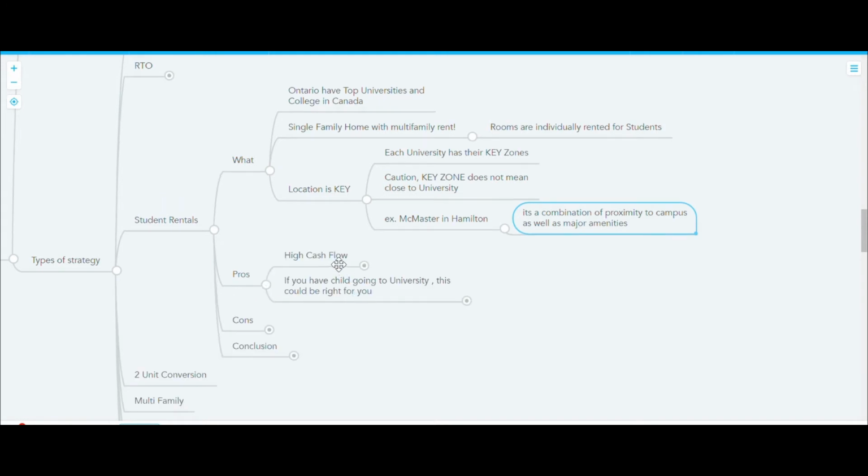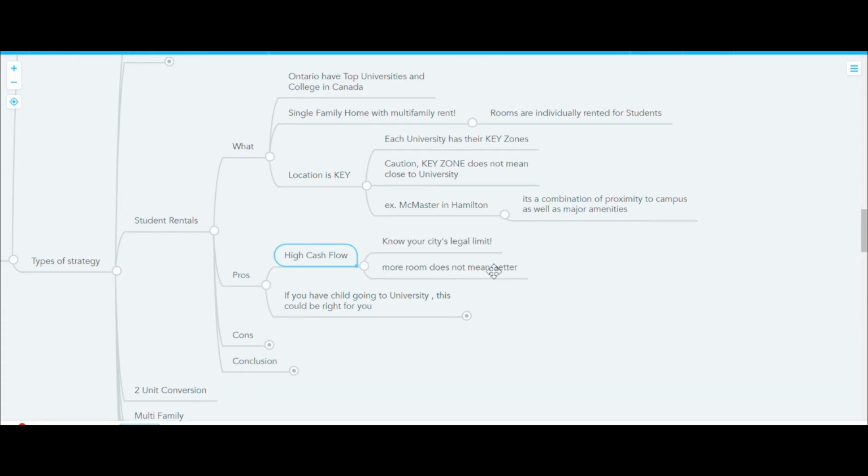The pro is that it has a high cash flow compared to single family homes, but that doesn't mean the more rooms you have, the better the cash flow and therefore the better the investment property. It's not. That's what I mean by more rooms does not mean better. And you have to understand what your city's legal limit is.